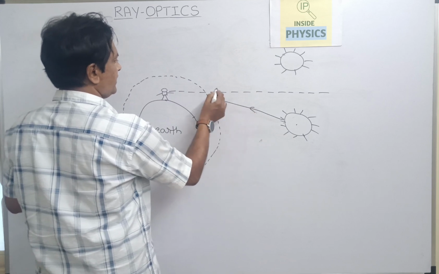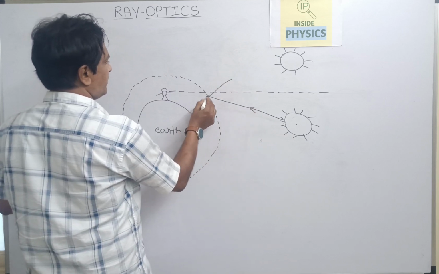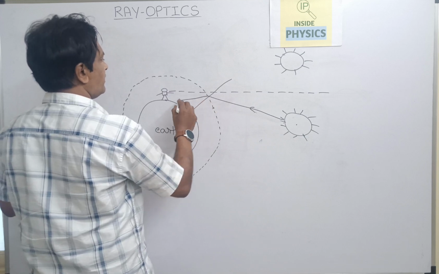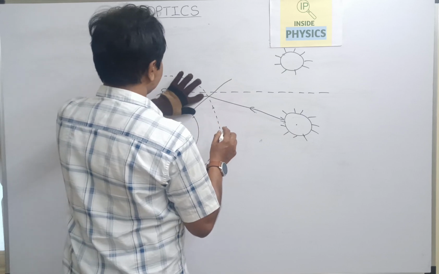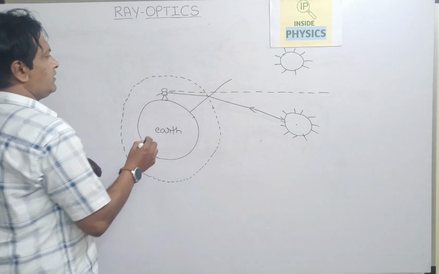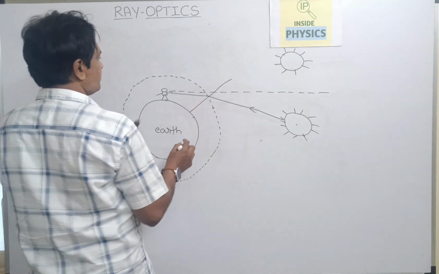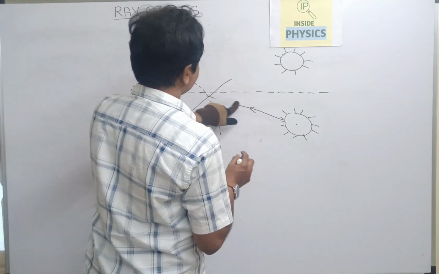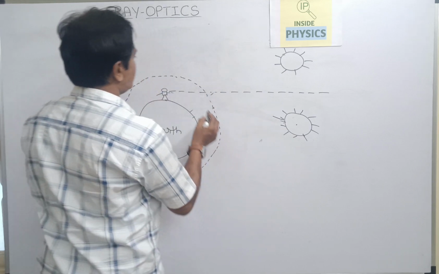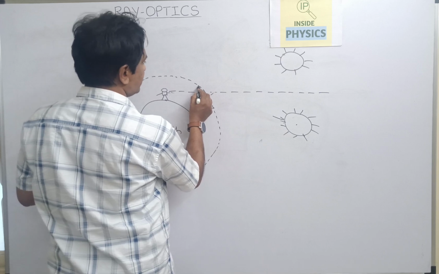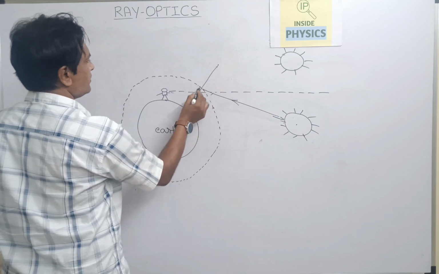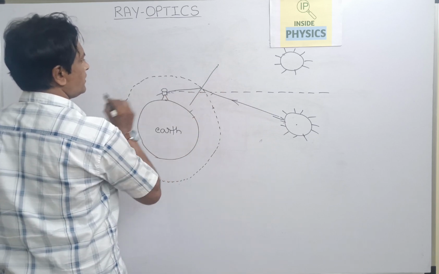This is the incident ray, this is the normal, and the ray is bending towards the normal. We may change the diagram to a better position, so that here it is incident. This is the normal, so this bends towards the observer.